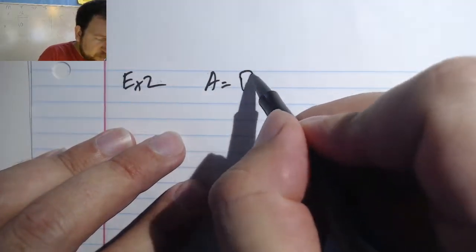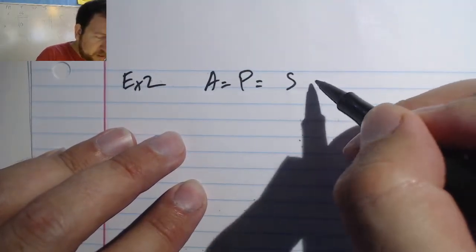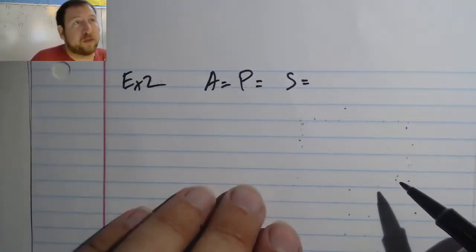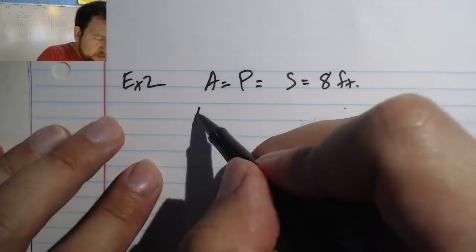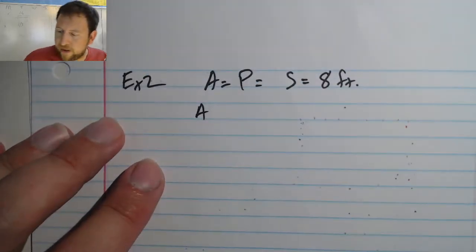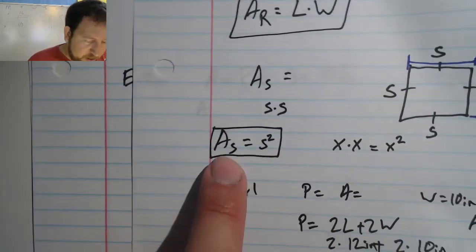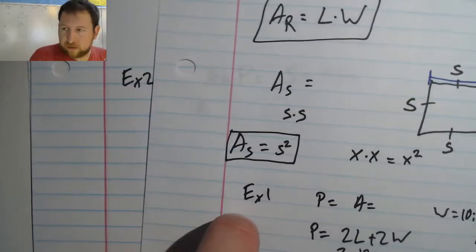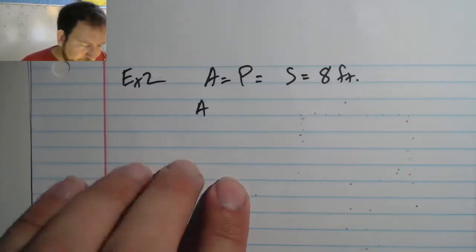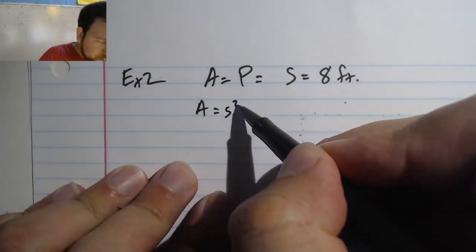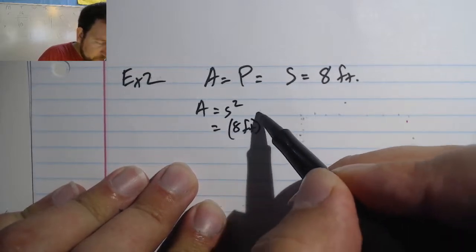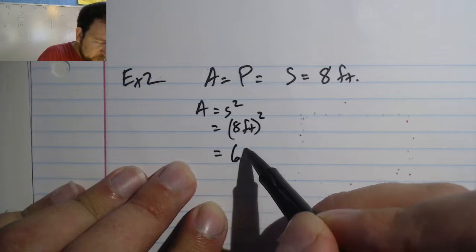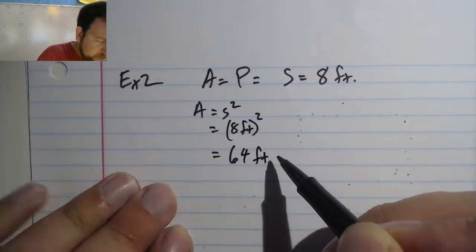Example 2. Let's take the area and the perimeter of a square with side equal to 8 feet. Okay, area. Area of a square is S squared, equals 8 feet squared, equals 64 feet squared.